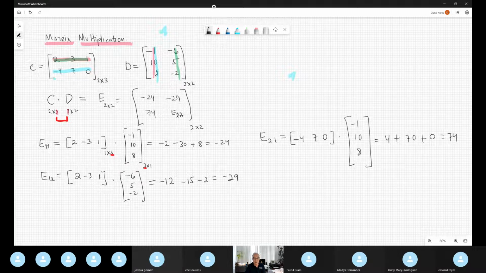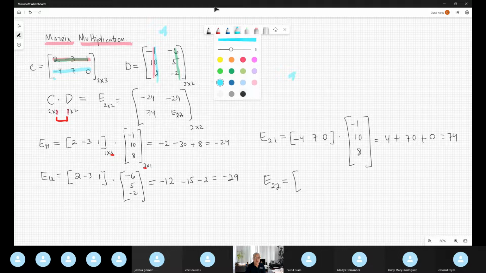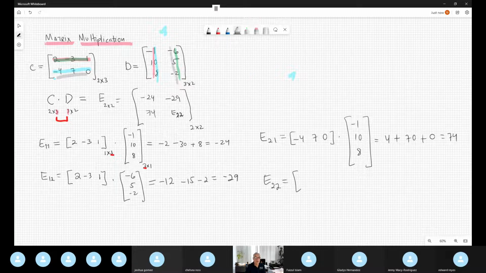And finally, A22. Using now maybe a gray color, multiplication of this times this. So you multiply -4, 7, and 0 again by column 2 of the second matrix, -6, 5, and -2.